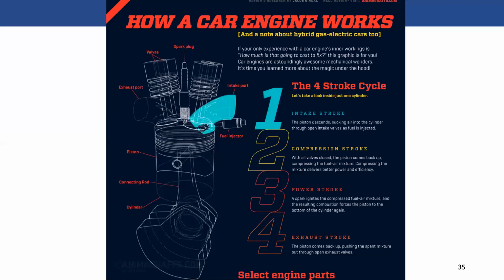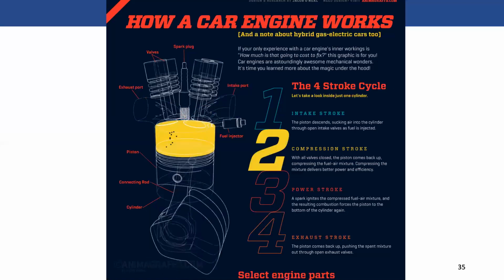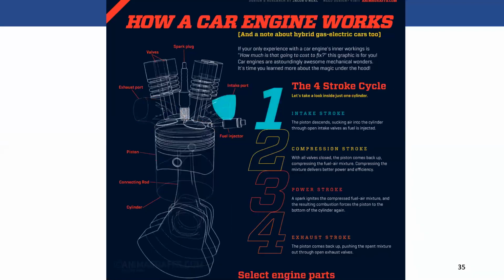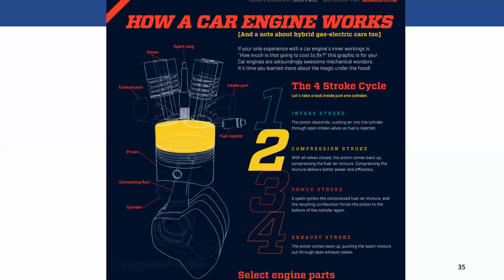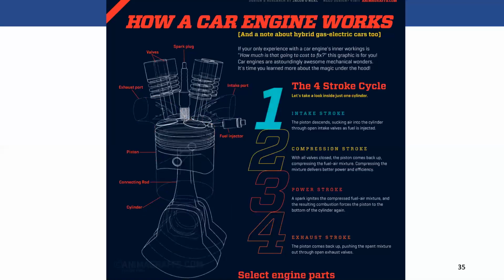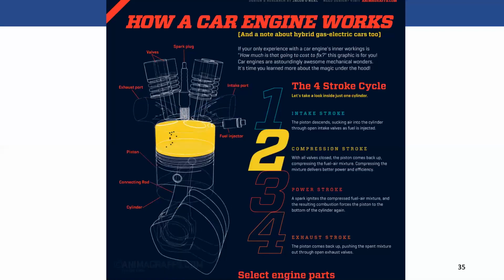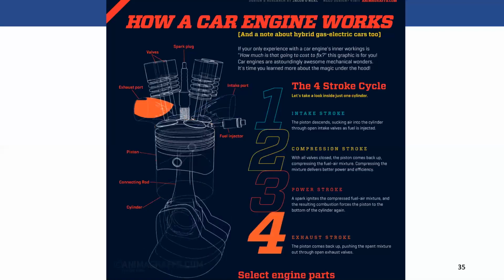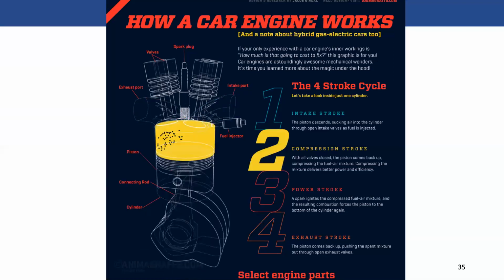Then in the third stage, you have a spark plug. The spark plug will ignite the compressed fuel-air mixture, which is the thing that's actually doing the work. So stage 3 is where the actual work is happening, when you combust the fuel to move the piston down.